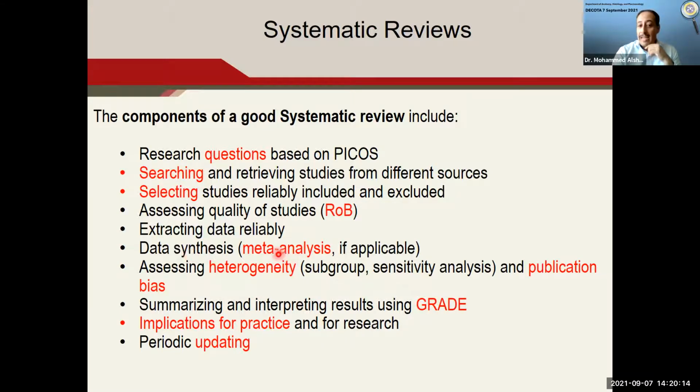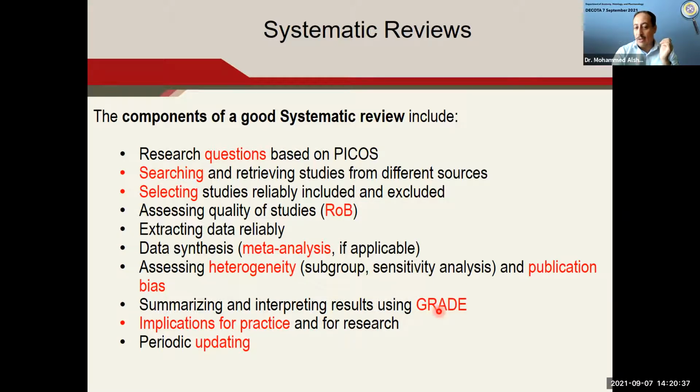Then for meta-analysis, a systematic review is best if it includes meta-analysis. In the meta-analysis, they assess the heterogeneity, they assess the publication bias by funnel plot, and they do the sensitivity analysis for high risk of bias. And also they assess the certainty or quality of the outcome using GRADE.